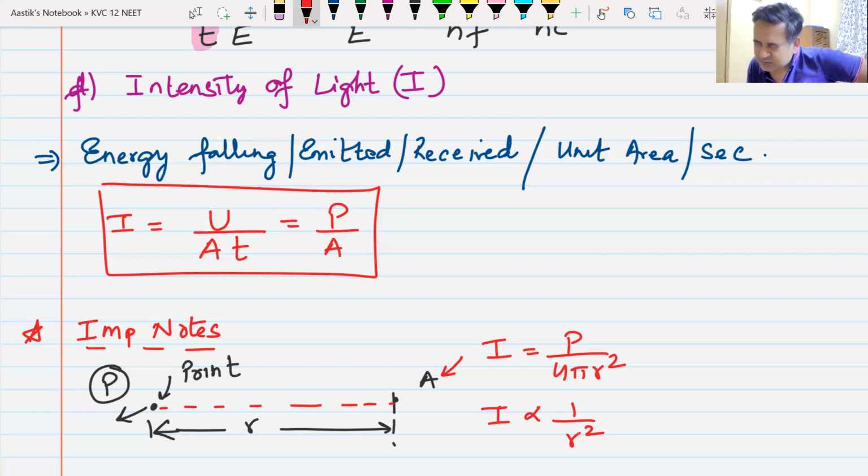Now sometimes they might also ask you what is the power received at point A. This is the intensity at point A. What is the power that we are receiving at point A? Now, power received at point A, how do you find out?